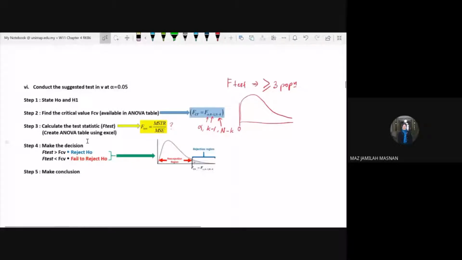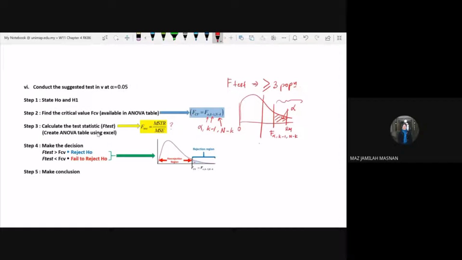And as usual, if we have our alpha here, this is our alpha. Definitely this will be your F alpha, K minus 1 and n minus K. And this is our rejection region. If our F test falls in the non-rejection region, then we fail to reject. If it falls within the rejection region, then we reject.